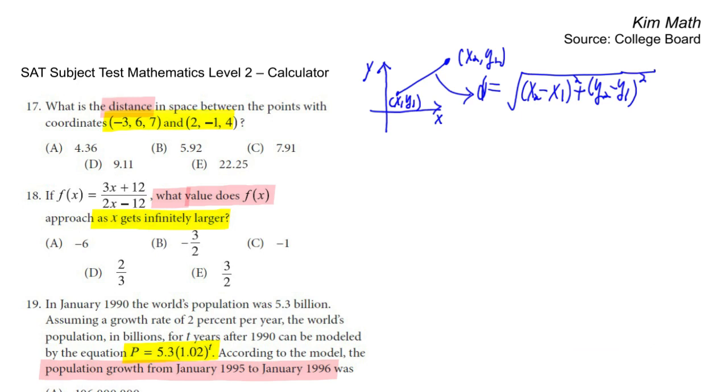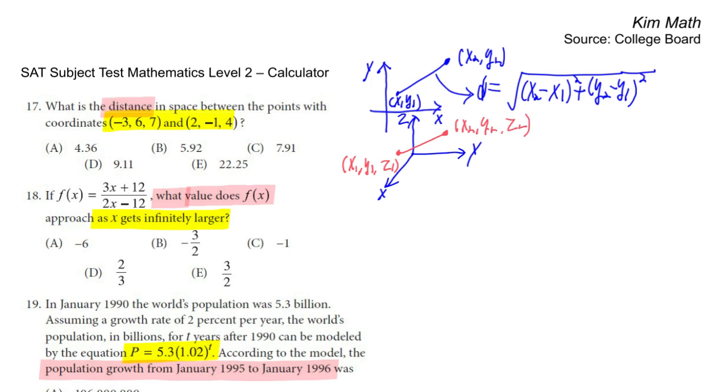Okay, how about if this situation happens in a space? So x-axis is here, y-axis is here, z-axis is here. Now you have 2 points, one point here, another point here. Now coordinate of the first point, let this is x1, y1, z1, and this is x2, y2, z2.